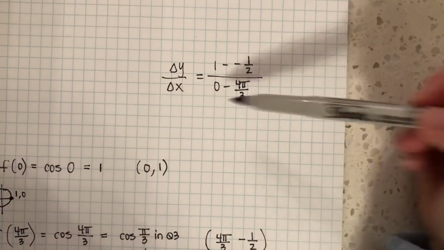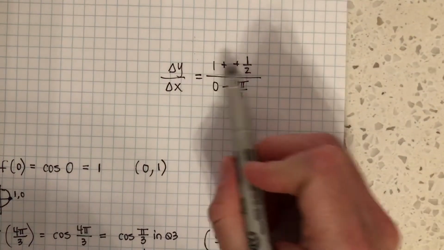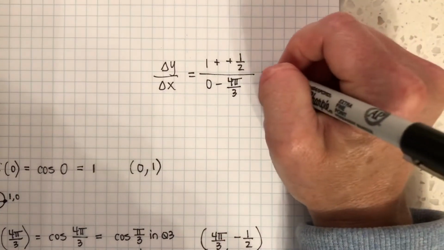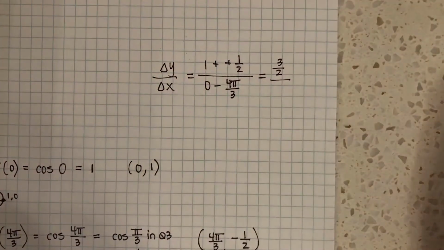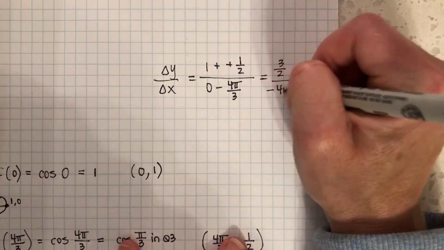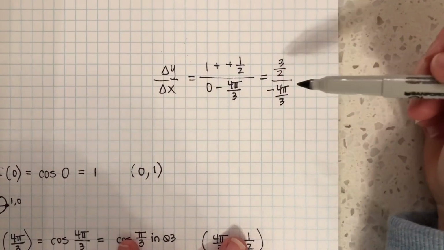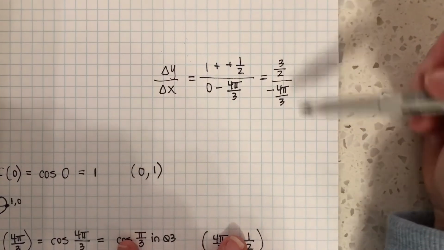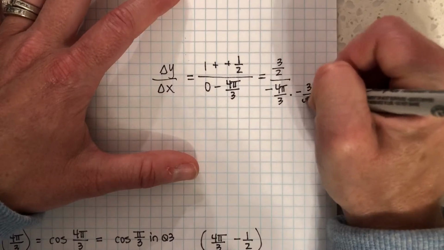All right, so now just figure out what this slope is. So this becomes 1 plus 1/2 is 1.5, which is 3/2 over 0 minus 4 pi over 3 is negative 4 pi over 3. So this is your average rate of change, your slope, but you got to clean it up. We don't want a complex fraction. So let's times by negative 3 over 4 pi.